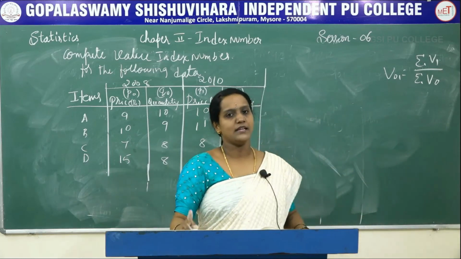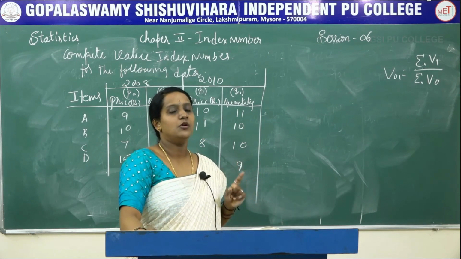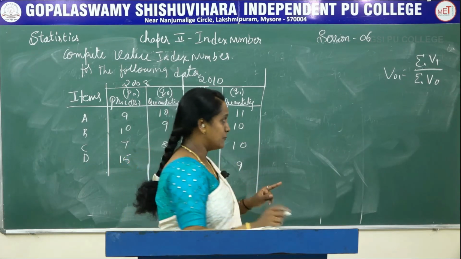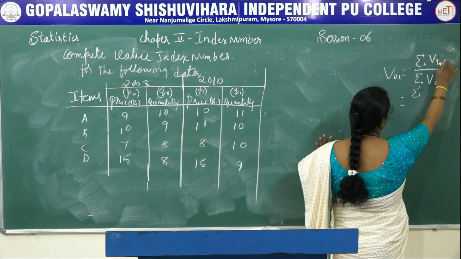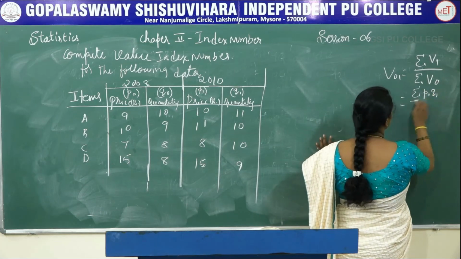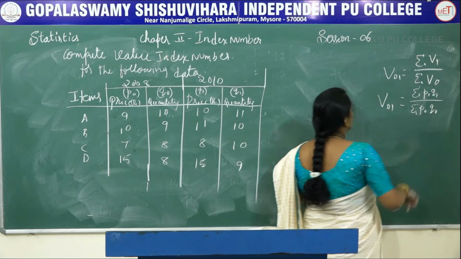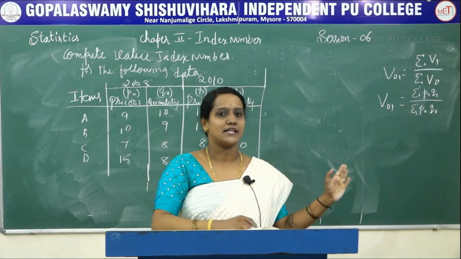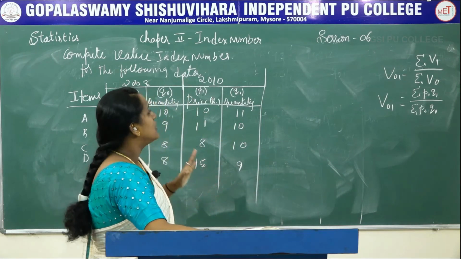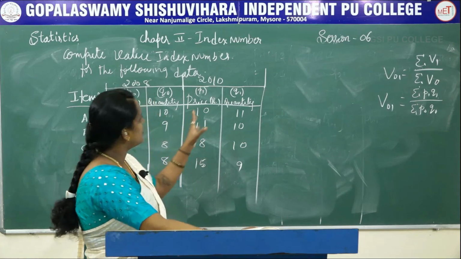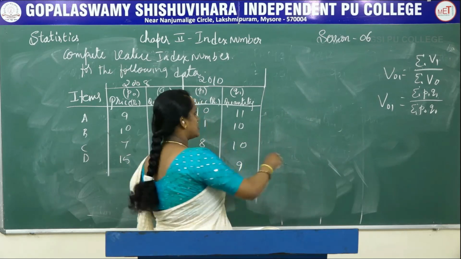V1 is the current year value, V0 is the base year value. So value index number is summation of P1 Q1 divided by summation of P0 Q0. Now the task is to find the products of P1 Q1 and P0 Q0 and their summations.